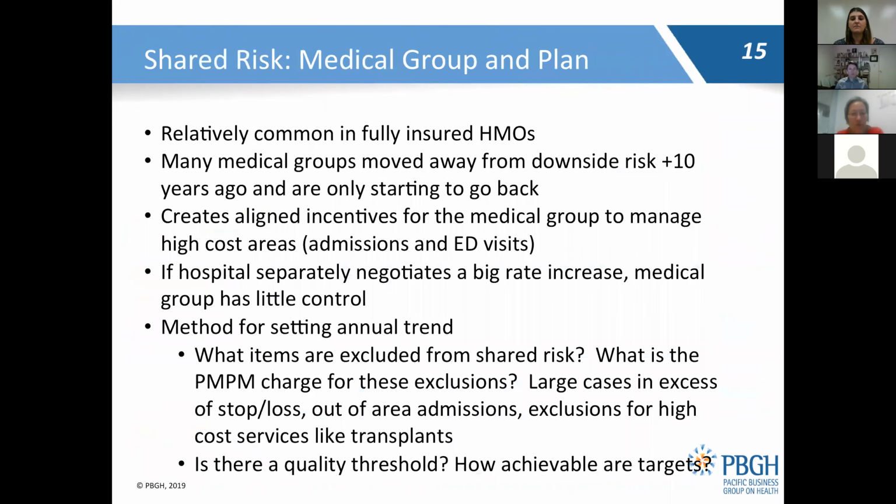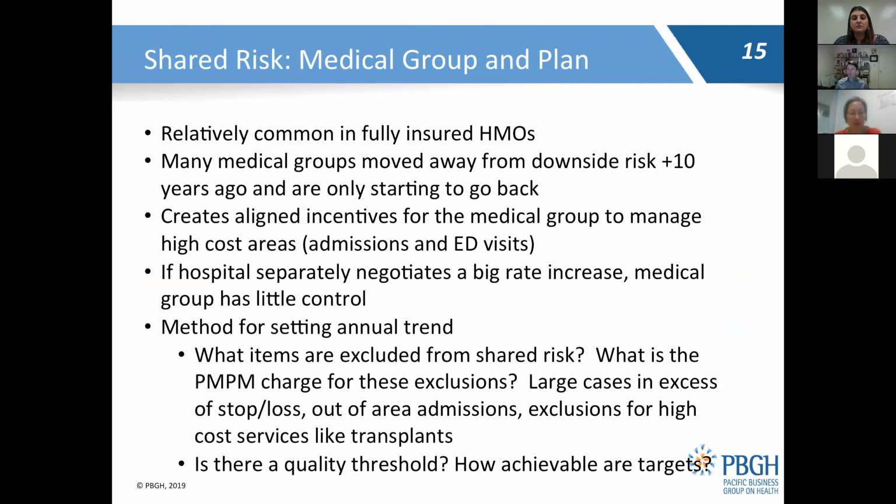With respect to shared risk, I think probably one of the most common designs we see in California is shared risk between the medical group and health plan. We have seen this also a lot in the Medicare Advantage space. One of the challenges, as I noted earlier, was the financial risk that was undertaken by groups that maybe were not large enough or did not have sufficient financial reserves to manage that downside risk.